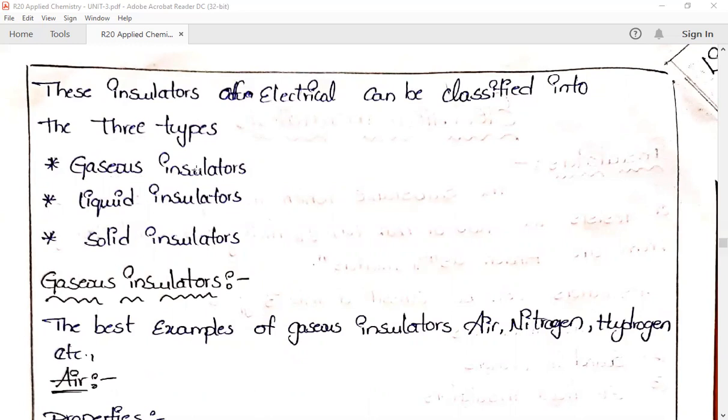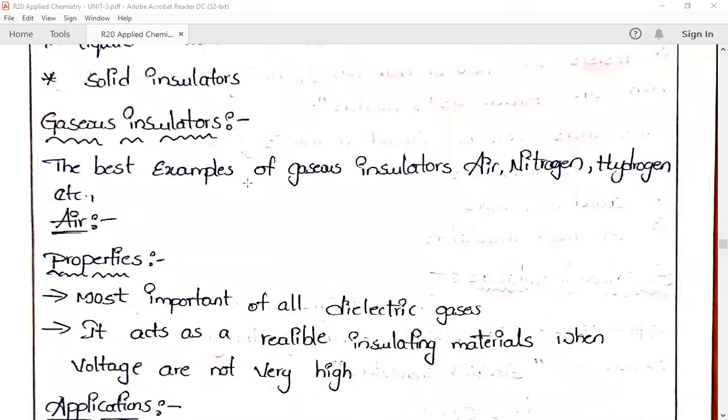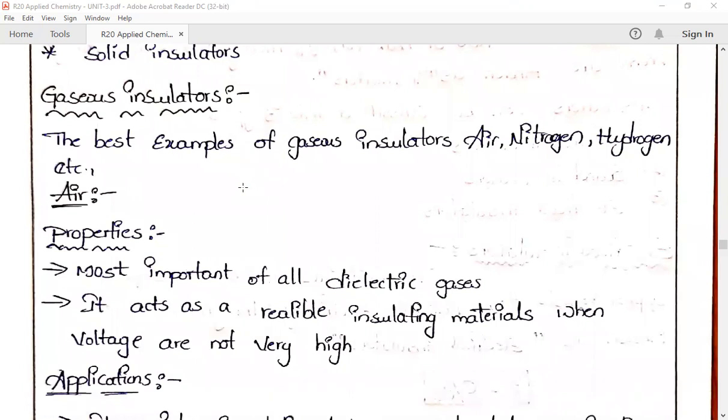Coming to the first one, the gaseous insulator. In this insulator, dielectric gases are used both as insulant and heat transfer medium. The major problems associated with them are abnormalities in dielectric behavior at high pressure, temperature instability, and fire hazards.